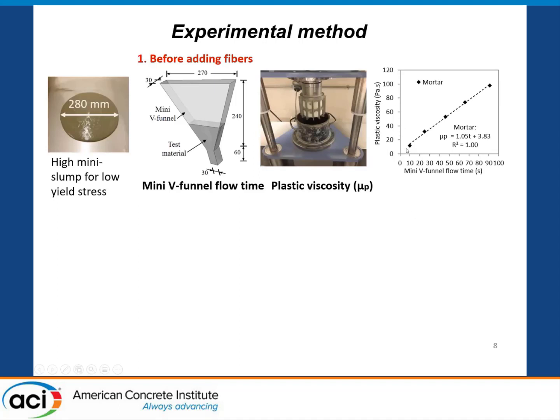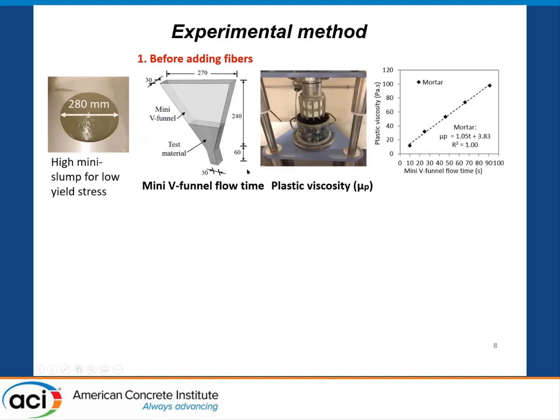We found there's a very good linear relationship between the flow time and the plastic viscosity. The good thing is that we could use this simple tool, the flow time, as an indicator to evaluate the plastic viscosity.